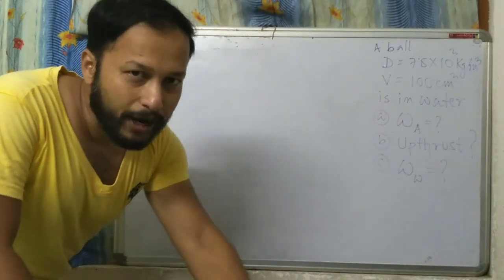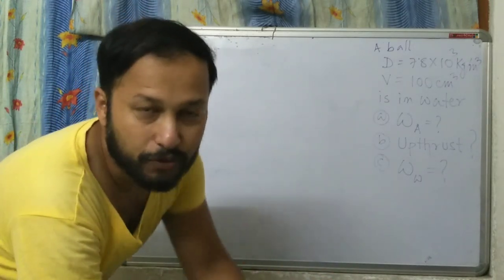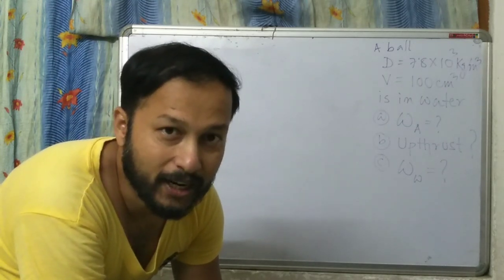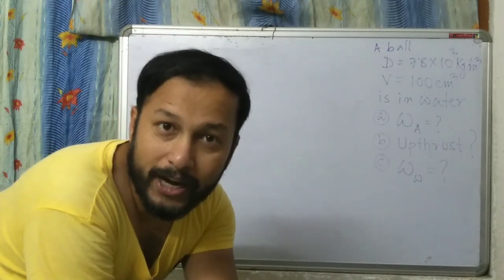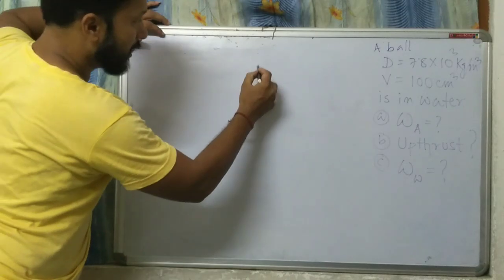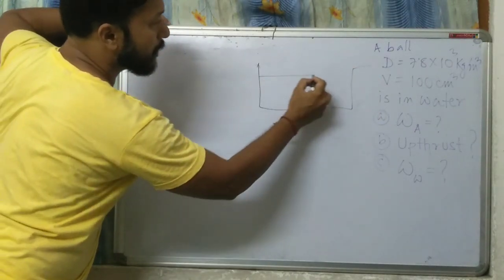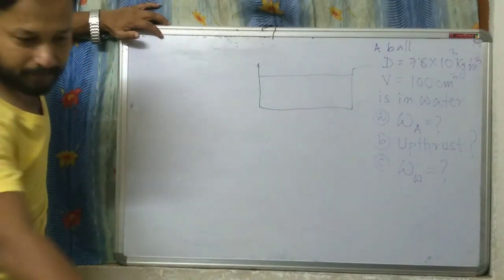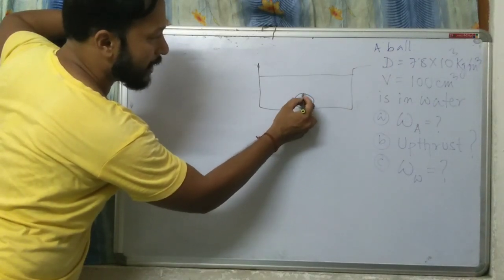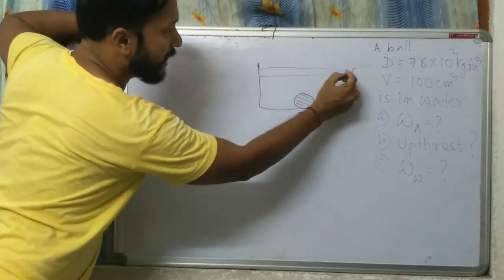But to find the weight of the same ball in water, we have to first find the upthrust, or the force of buoyancy, or the weight of the displaced water. Let us draw it. This is the vessel. This much water is there. When the ball is immersed here, the level of water will go here.